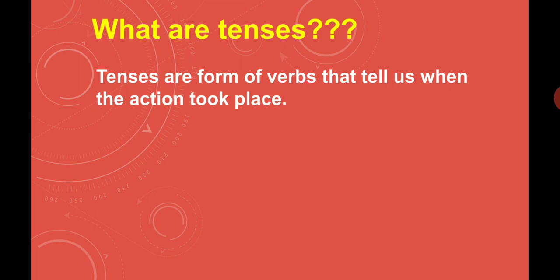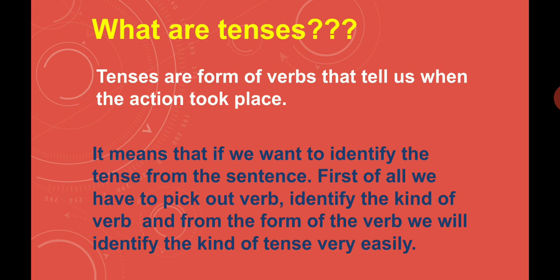How can we identify the kind of tense from the sentence? We have to pick out the verb, identify the kind of verb, and from the form of the verb we will identify the kind of tense very easily.